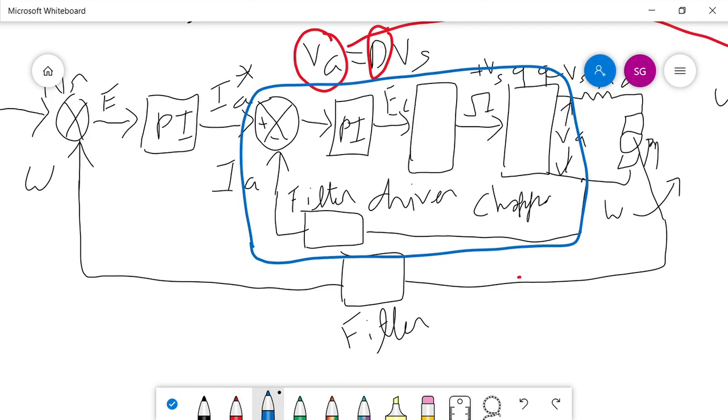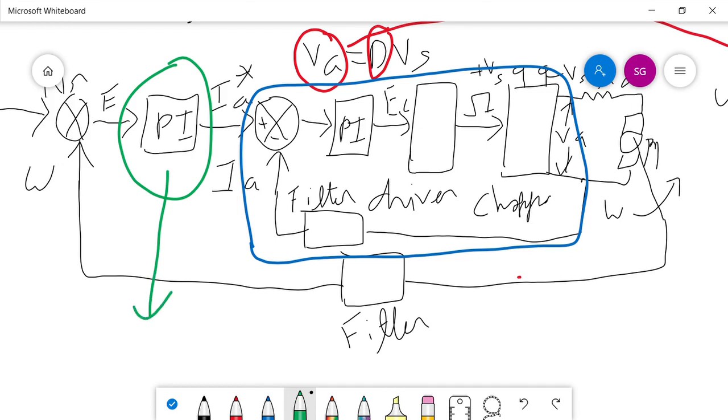So exactly, we know the control logic of controlling the speed of this DC motor. So we know the mathematical model of this PI, how this PI can be written.